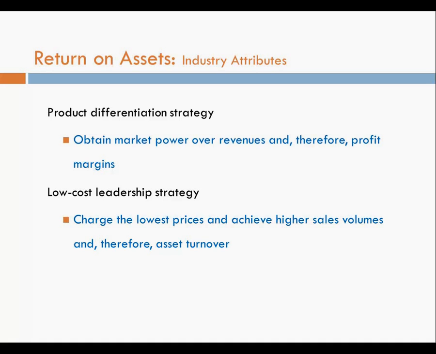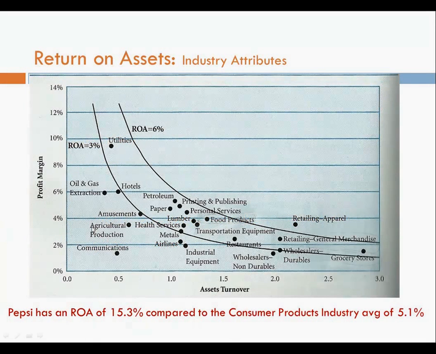Product differentiators focus on profit margin. Cost leaders focus on asset turnover, volume. So this is an interesting chart. Probably looks confusing. This band here, between these two bands, is what the typical return on assets is.